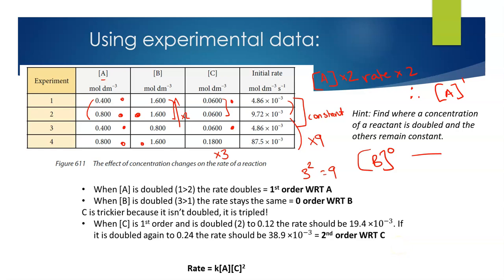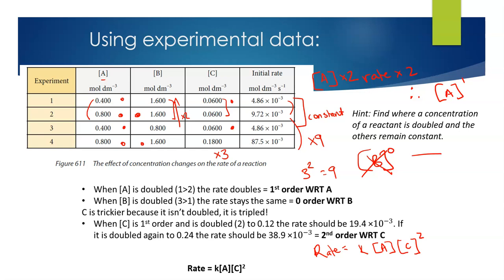So when we write our rate expression, our rate is going to be equal to k multiplied by the concentration of A, because it's A to the 1, which is itself, multiplied by the concentration of C squared. We exclude B because it has no effect on the rate, so it doesn't get included in our overall rate expression.